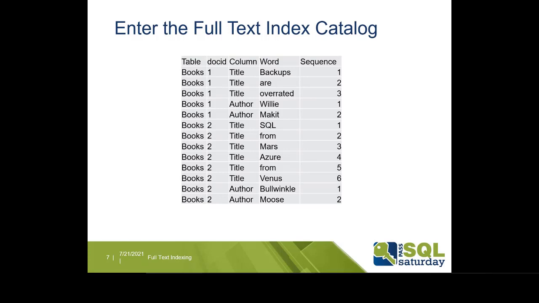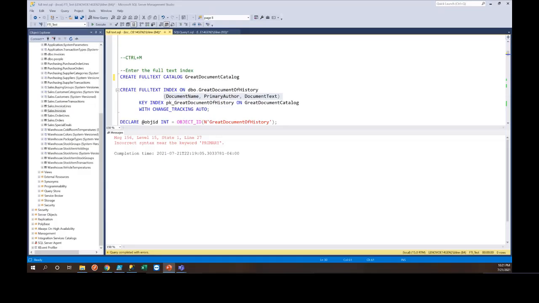Okay. So when I do my catalog, it's going to have the table as great documents of history, and it's going to have the column as document name, and then a bunch of words. And then more rows that say great documents of history, primary author is, and then more words, and great documents of history, document text words.